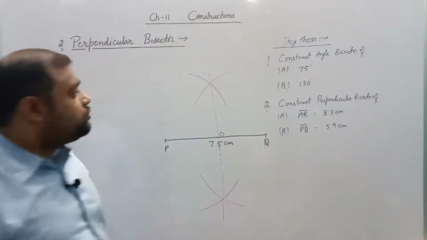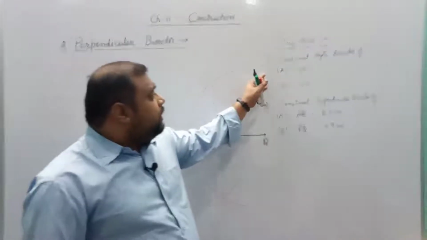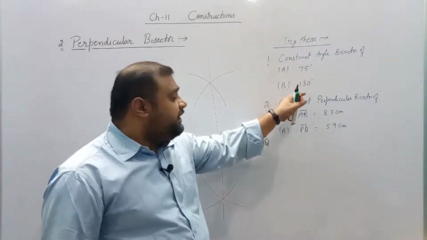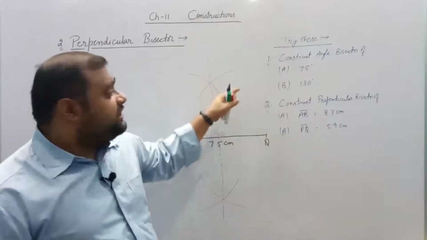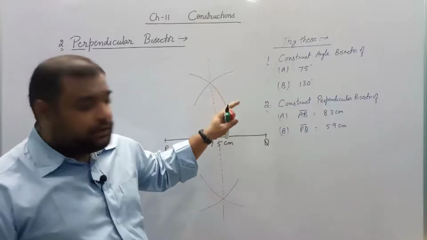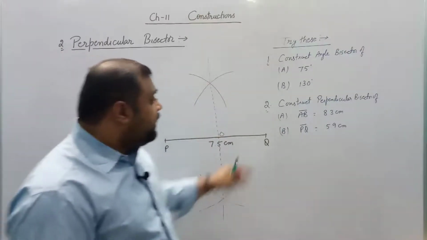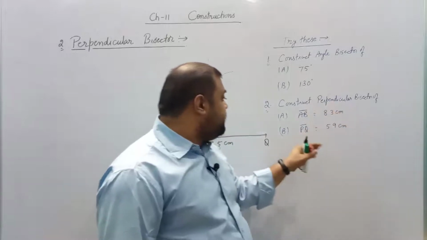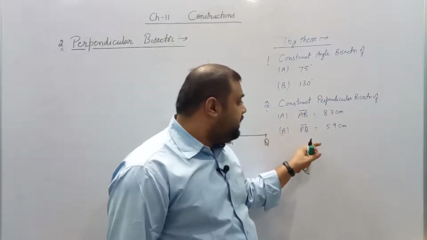You can try these two questions. You have to construct an angle bisector of 75 and 130. To construct these angles, you have to use a protractor. And construct perpendicular bisectors of line segment AB and PQ.